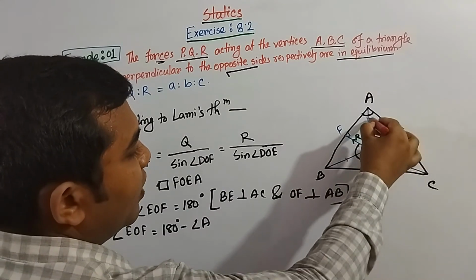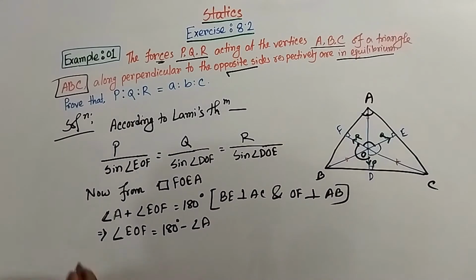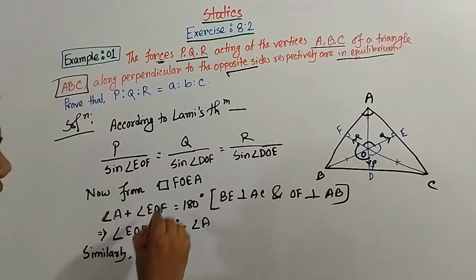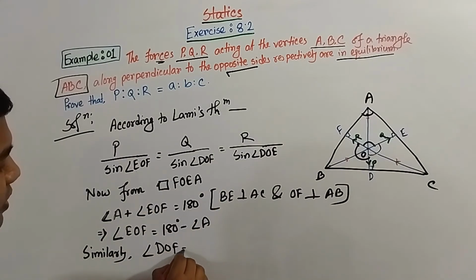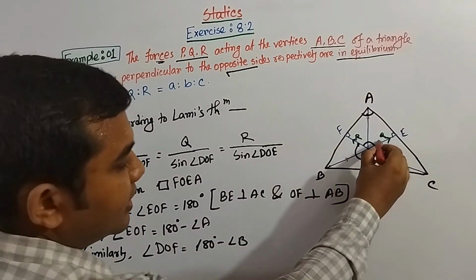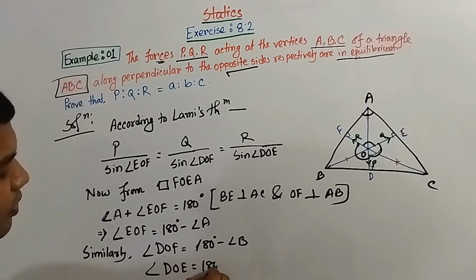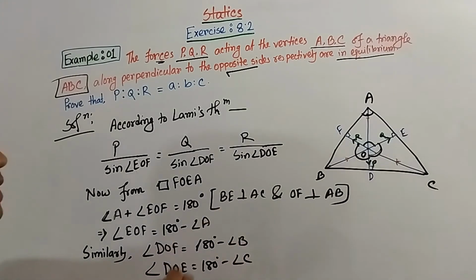This angle is 180 degrees minus A, so this angle should be 180 minus B. Similarly, angle DOF should be 180 degrees minus B, and this angle, I mean DOE, should be 180 degrees minus angle C.